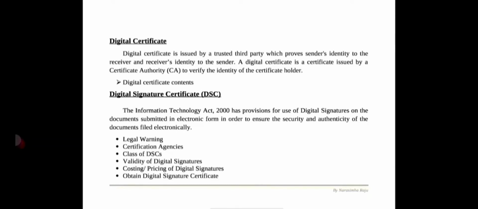And the last one of DSCs, obtaining a digital signature certificate. Digital signature certificate applicants can directly approach certifying authorities with original supporting documents, and self-attested copies will be sufficient.